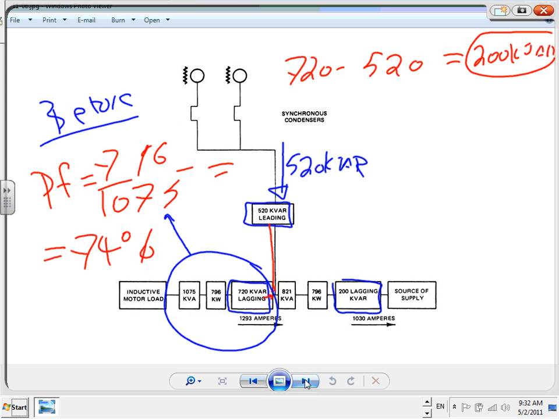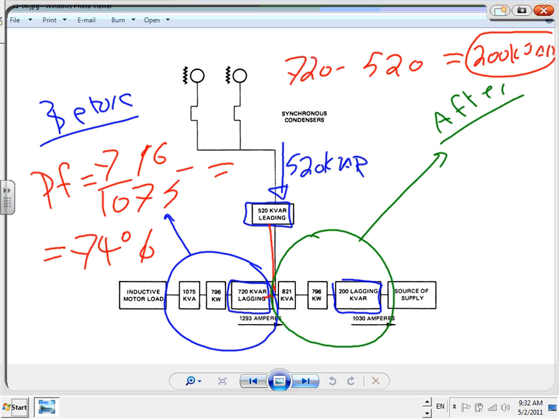Let's look at after correction. I want you guys to look at the after we corrected. How do you know it's after? Because now I tied the induction motors to it, or capacitance, the same way. Look at the power factor, guys.